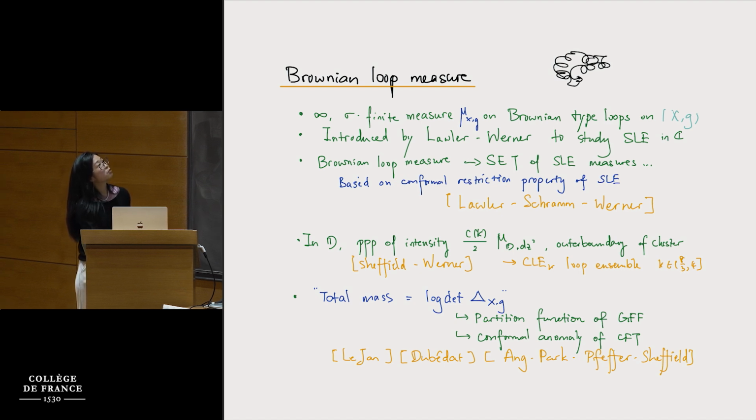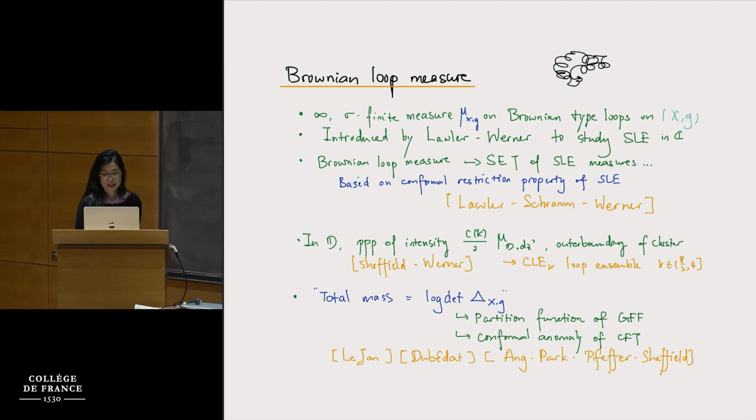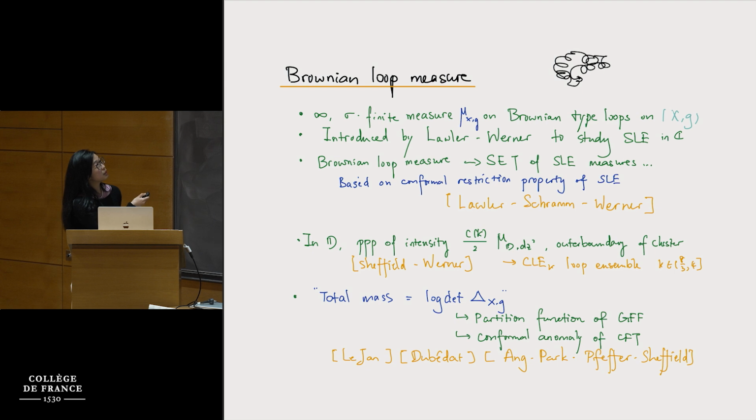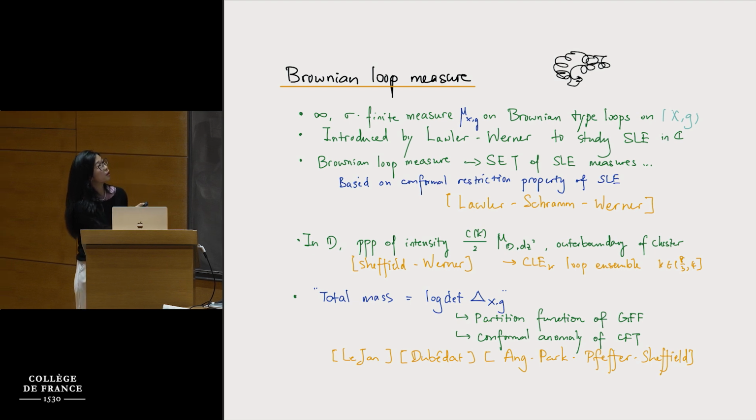You can trace back to the early work about the conformal restriction property of SLEs. Don't worry if you don't know exactly what that means, but these are the key tools to describe the laws of SLE. For instance, if you throw a Poisson point process of a Brownian loop measure with certain intensity, then the outer boundaries of the clusters give you an infinite collection of simple curves, and they're called the CLE loop measure.